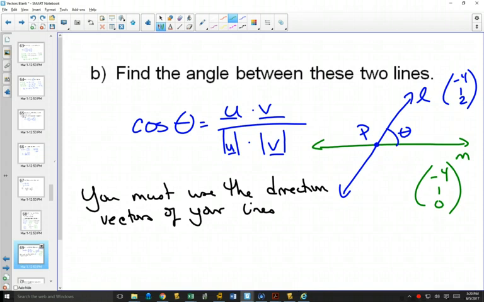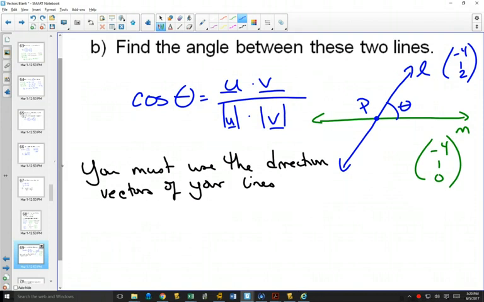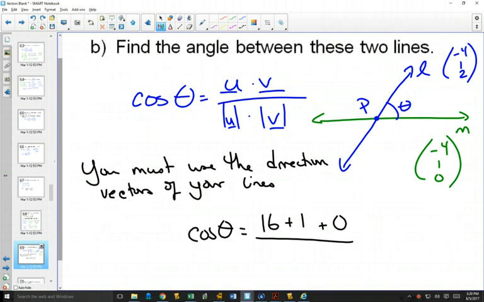So we take our two direction vectors of our two lines, we can find the dot product of them, so 16 plus 1 plus 0. The length of our blue vector would be 16 plus 1 plus 4, square root of 21.